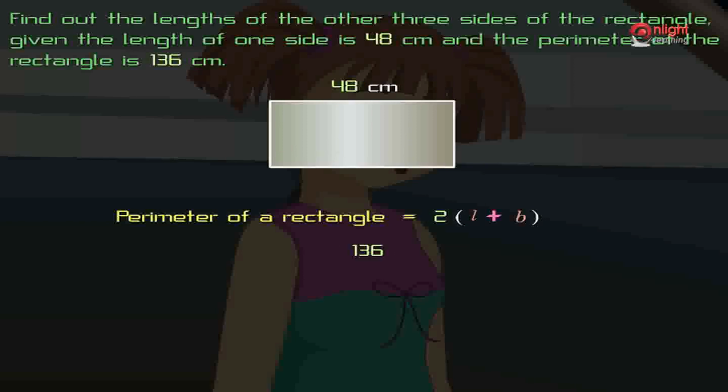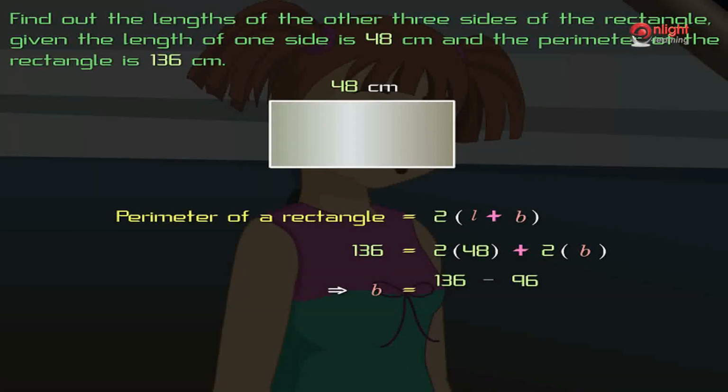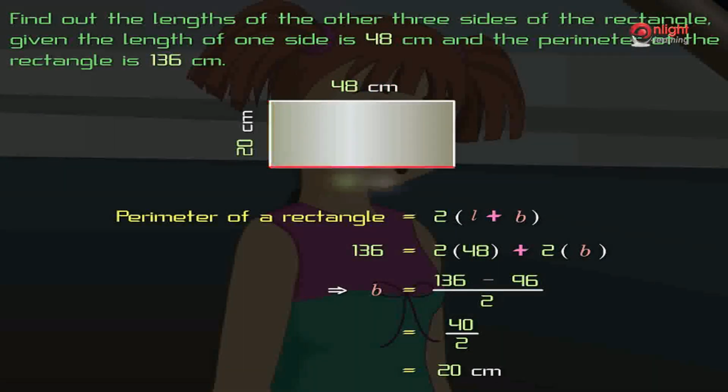Hence, 136 is equal to 2 times 48 plus 2 times breadth, which implies breadth is equal to 136 minus 96 divided by 2 is equal to 20 centimeters. Hence, the lengths of all the sides of the rectangle are 48 centimeters, 20 centimeters, 48 centimeters and 20 centimeters.